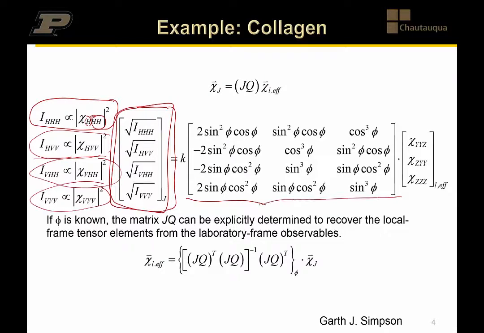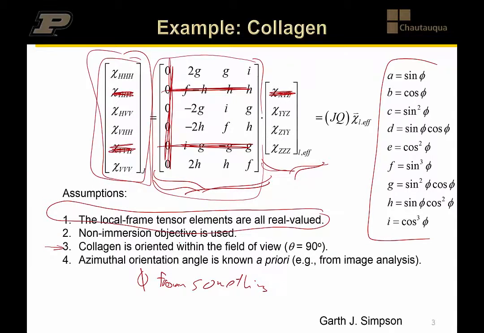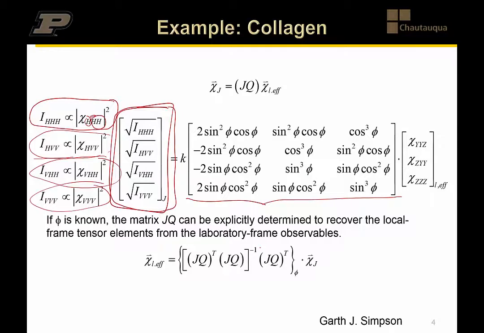If we plug in for all those alphabetical terms, A, B, C through I, these are the explicit cosine and sine functions of phi that connect the two vectors.